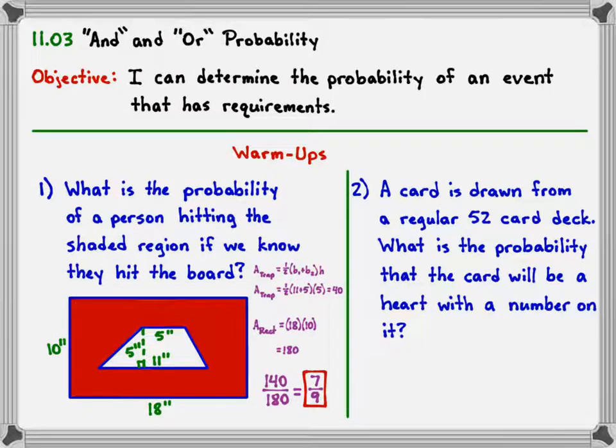If we set up the probability of hitting the trapezoid, it would be 40 out of 180, which would reduce to 2/9. Therefore, the probability of not hitting the trapezoid is 100%, or 1 minus 2/9, which is 7/9, and that's exactly what we got here.